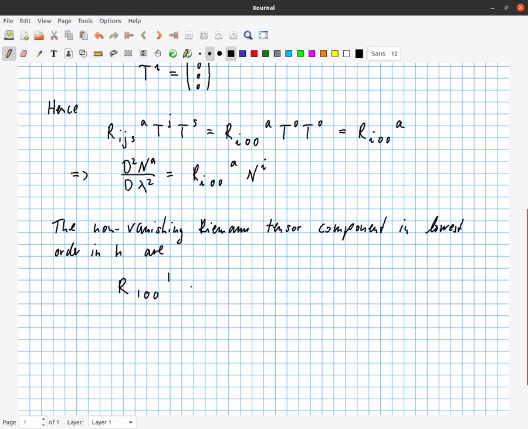R_{1001}, which is the same as minus R_{2002}. Both these components are minus a half A plus omega squared cosine omega (z minus t).